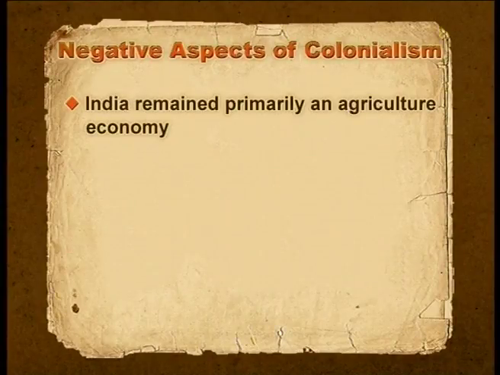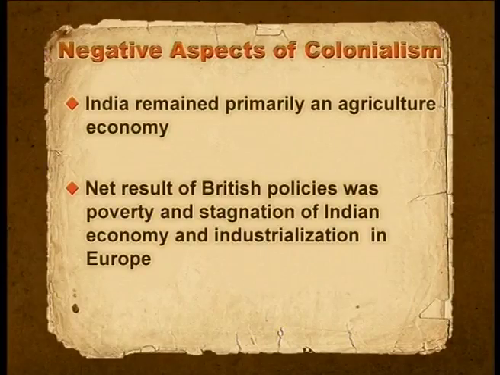We did not develop industrially, and what little handicraft industries were so popular prior to the British rule were totally decayed. The net result of British policies was poverty and stagnation of the Indian economy, and naturally it was Europe and the British economy who benefited by industrialization. So, there is a saying, development of underdevelopment. We remain underdeveloped at our cost, while their economies develop.